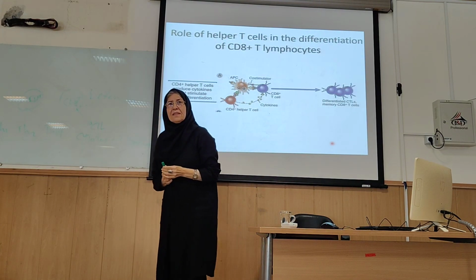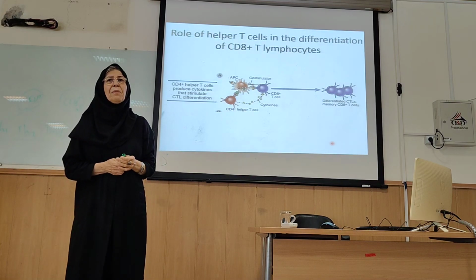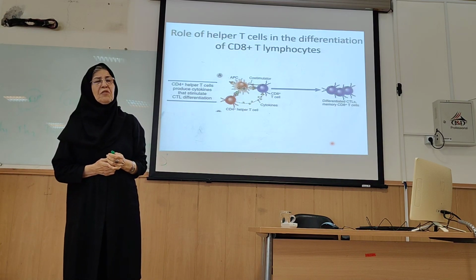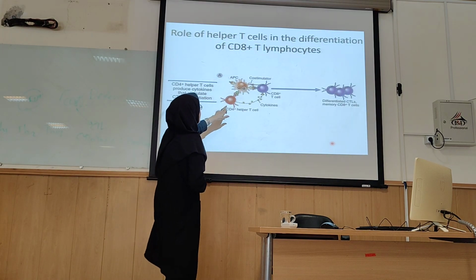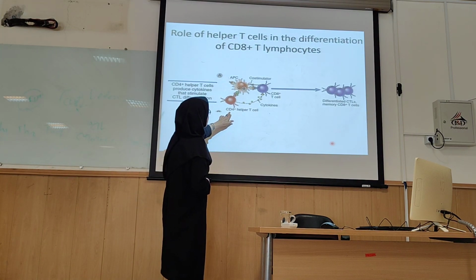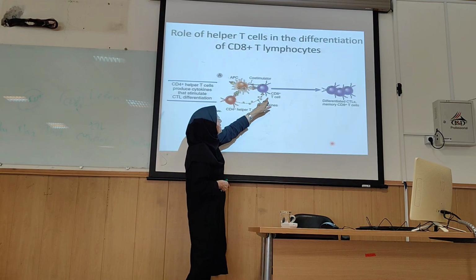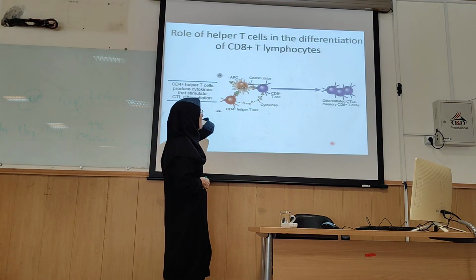CD8 positive T cells also need the help of CD4 positive T helper cells to activate. As you see here, this is CD4 positive T cell, helper T cell, and this is CD8 positive T cell.